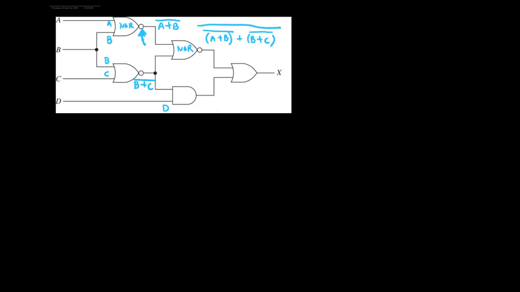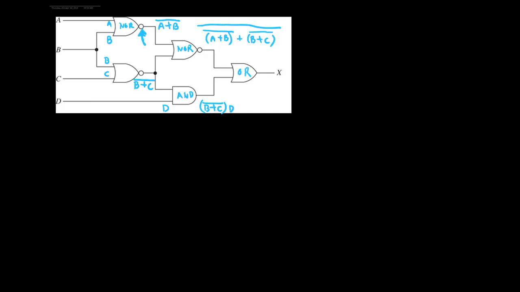For the bottom gate, which is an AND gate, the two inputs are ANDed. So I have B or C with a bar on top, ANDed with D. Let me put a set of brackets just to make it obvious that it's the whole piece that is ANDed with D. Those two things now become the input to this final OR gate.